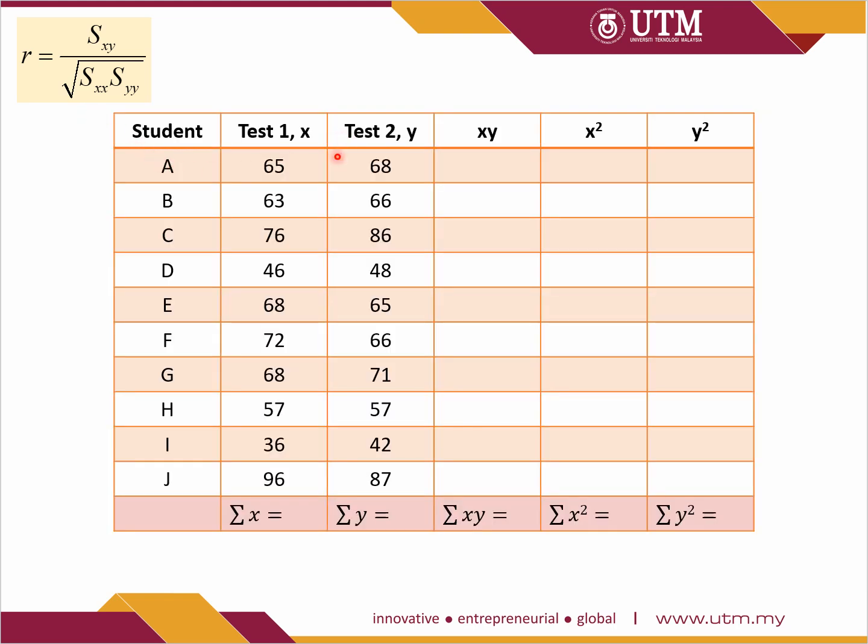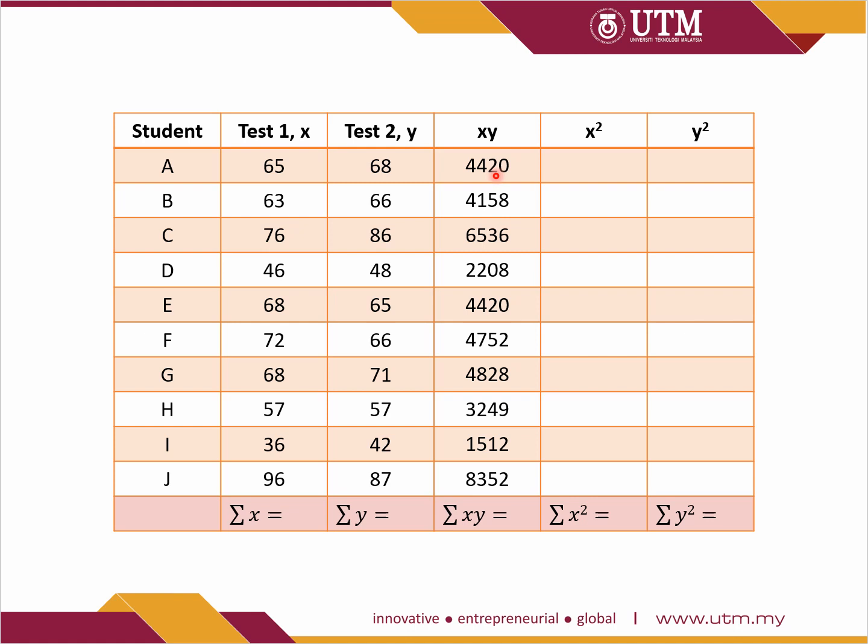So first of all, we need to find the values of xy, x square and y square. And from here, we can find the summation of xy, the summation of x square, and the summation of y square.